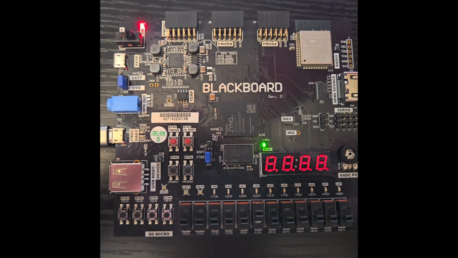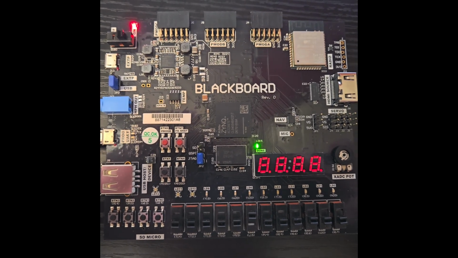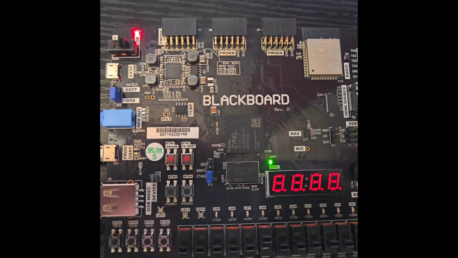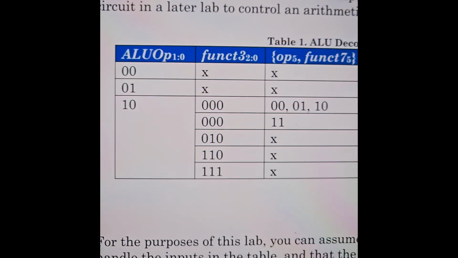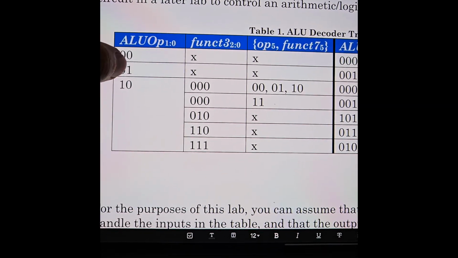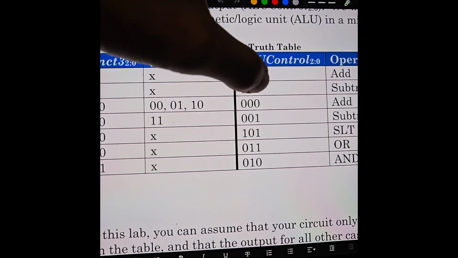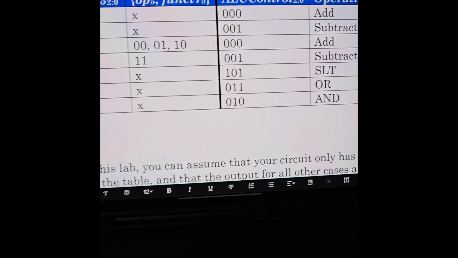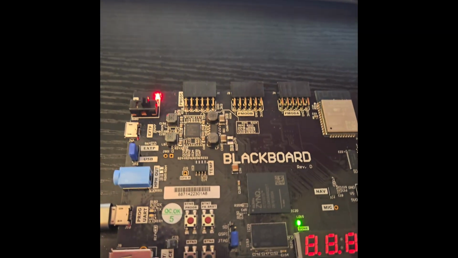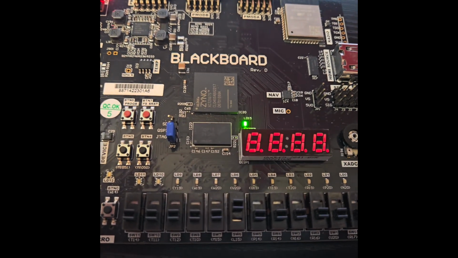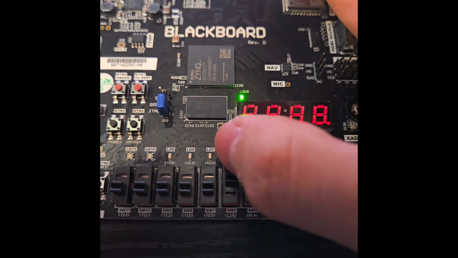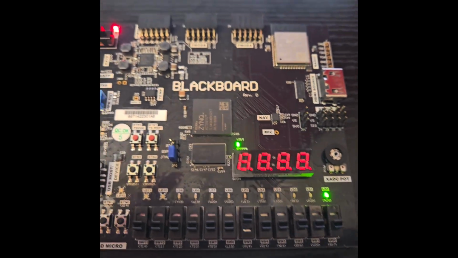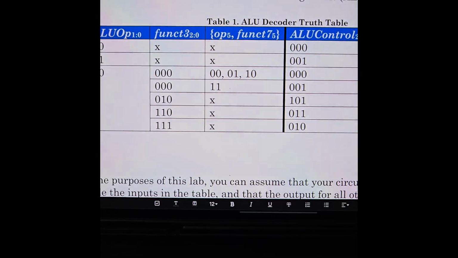This is my final implementation. As you can see, everything is switched off. And if I turn on the second bit right here, the last LED should be on. So I'm gonna turn on switch 5, and the last LED is on, as you can see.